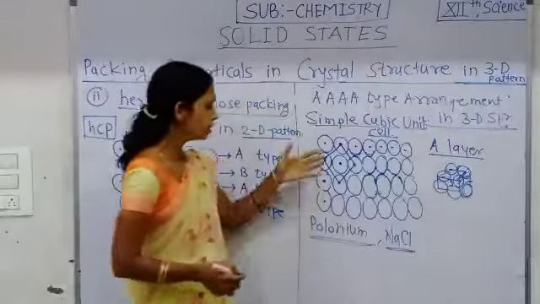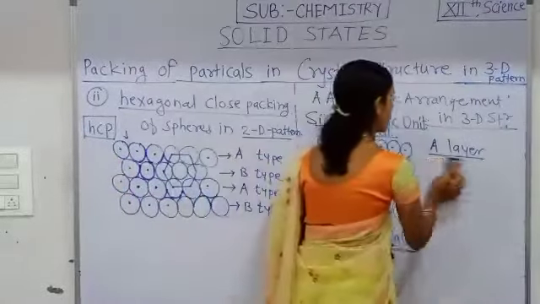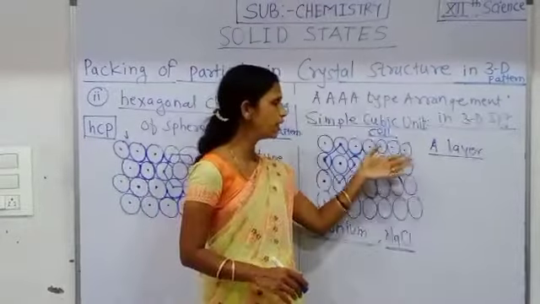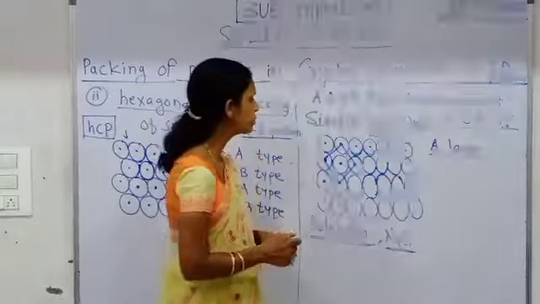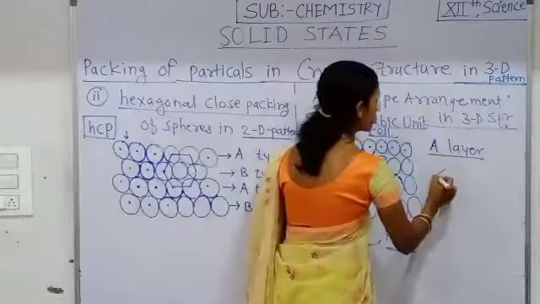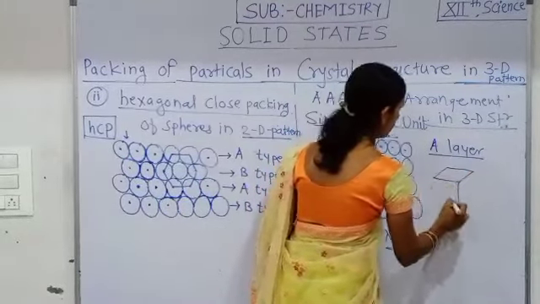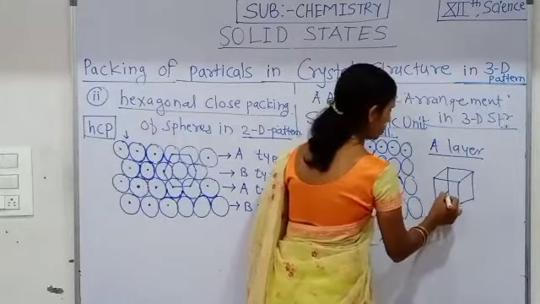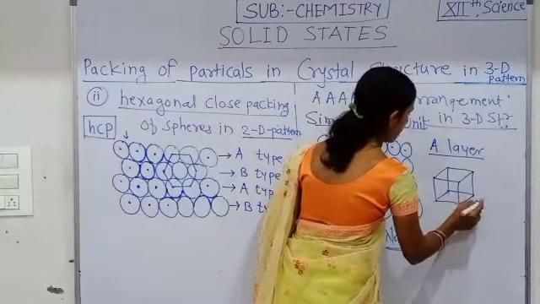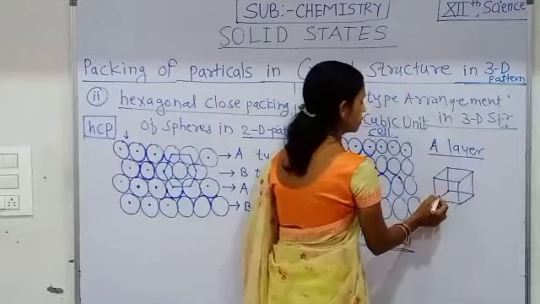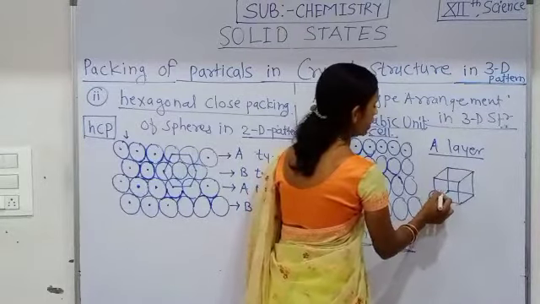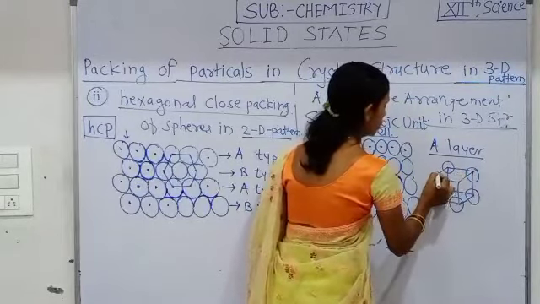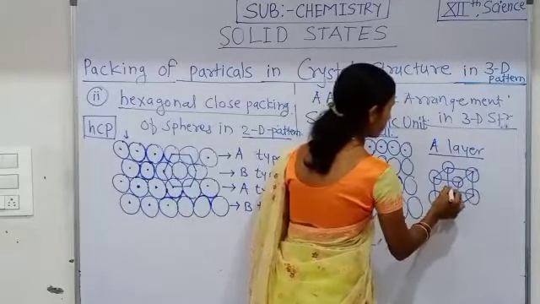See here, in this arrangement of the layers in 3D pattern, which gives rise to formation of cubic unit cell, in which there are 8 particles or 8 spheres at each of the 8 corners of that simple cubic unit cell.